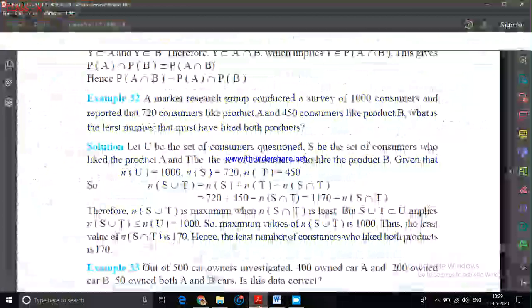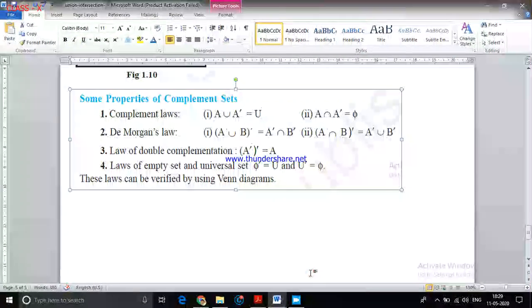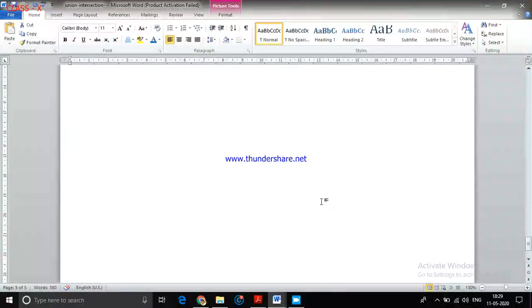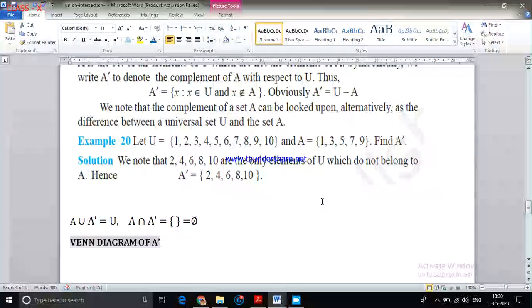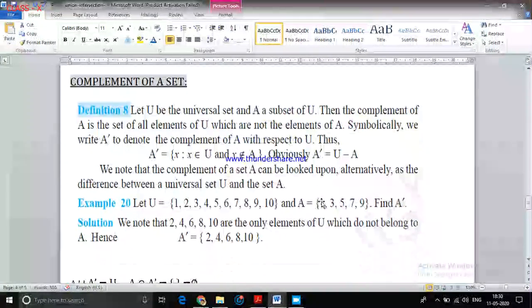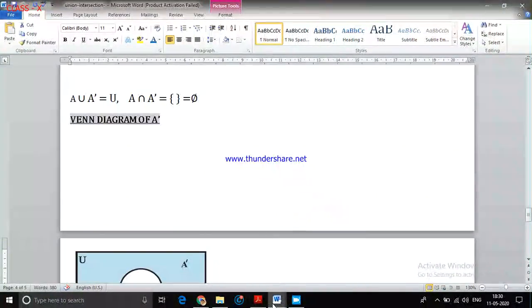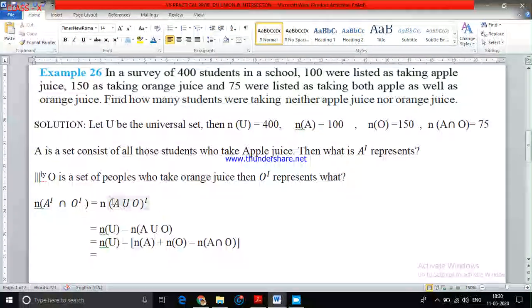Now one more formula we discussed here. A union O whole complement will be equal to, whole complement means we already discussed the complement of set A: A complement equals U minus A. All those elements belonging to the universal set which do not belong to A, we call the A complement.